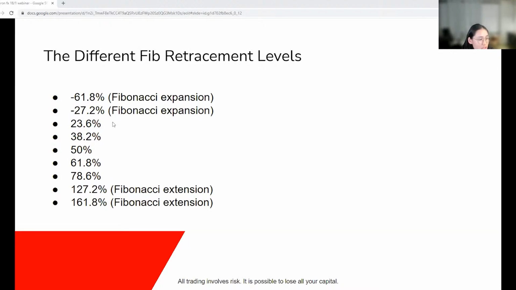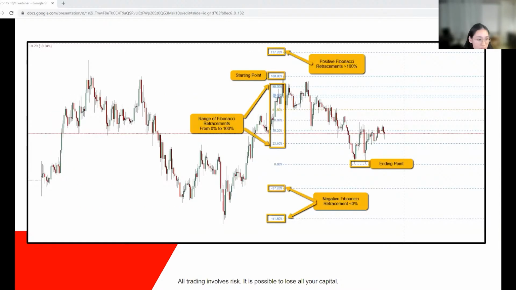All of these in the middle are your Fibonacci retractions, and then above 100 will be Fibonacci extensions. Like I said earlier, we'll go more in depth in the coming webinars, but we'll just briefly introduce them and how to go about using them as well.